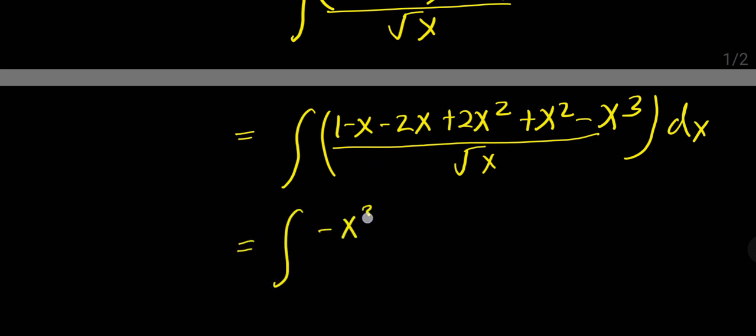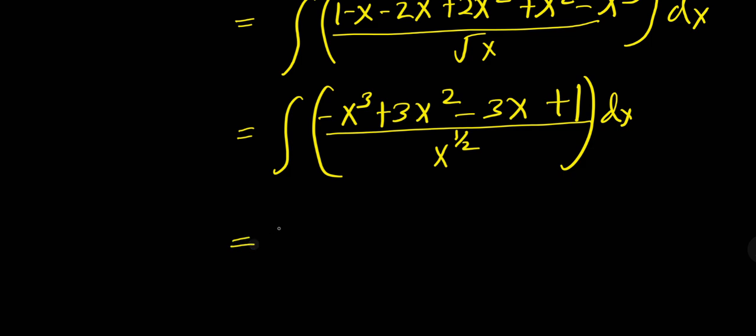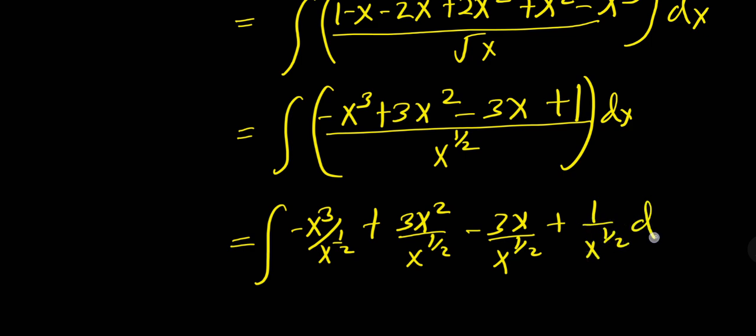So we start with minus x cubed, then plus 3x square, then minus 3x plus 1 over square root of x, which is the same as x power a half. Then we will simplify, so we'll have minus x cubed over x power a half plus 3x square over x power a half minus 3x over x power a half plus 1 over x power a half dx.